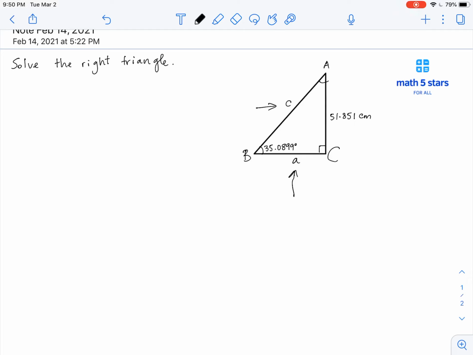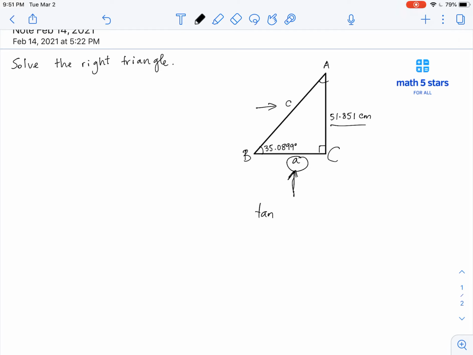Looking at this, the first thing I will be able to solve is side A. If I want to solve for side A, I need to look at the given and think of the relationship that combines those three elements together. I have an angle and a side, and I'm trying to solve for this side, so I can use the tangent.